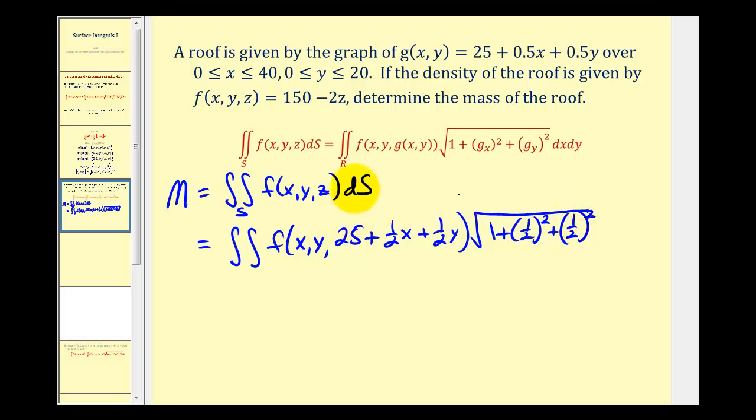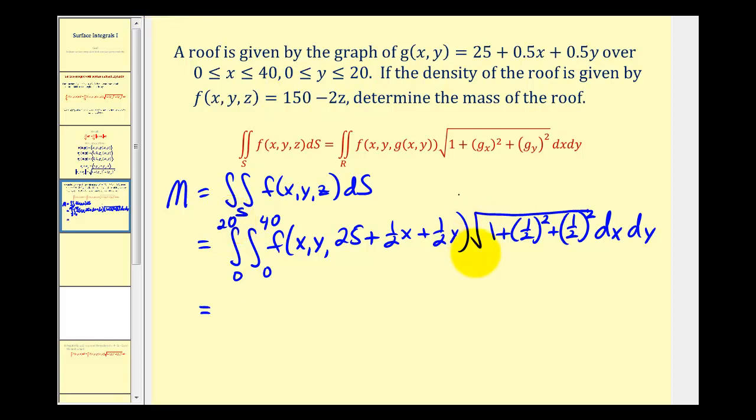And because the integrating region R is rectangular, the order of integration doesn't matter. Let's go ahead and integrate with respect to x first, and then y. So limits of integration with respect to x will be from 0 to 40. And for y, they'll be from 0 to 20.